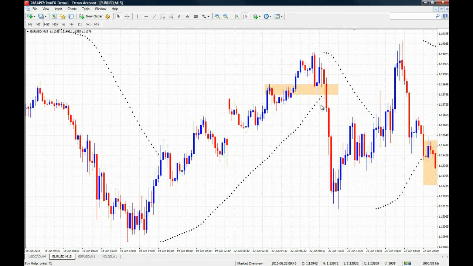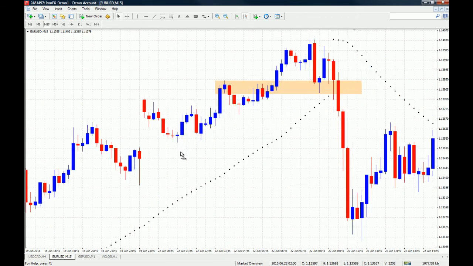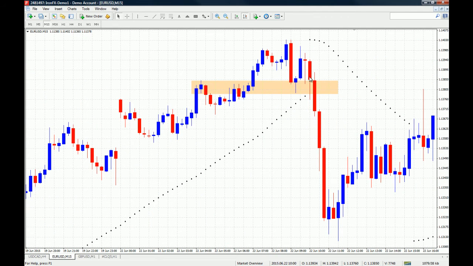In this case, we are trading to the downside, so step number one, we need the bar to break with the parabolic SAR, and it also needs to break with the previous area of support. In this case, we have both breaks, so we buy put options when this candle closes. Why are we going to wait for the candle to close? Well, that's very easy. Just take a look at this red candle right here.